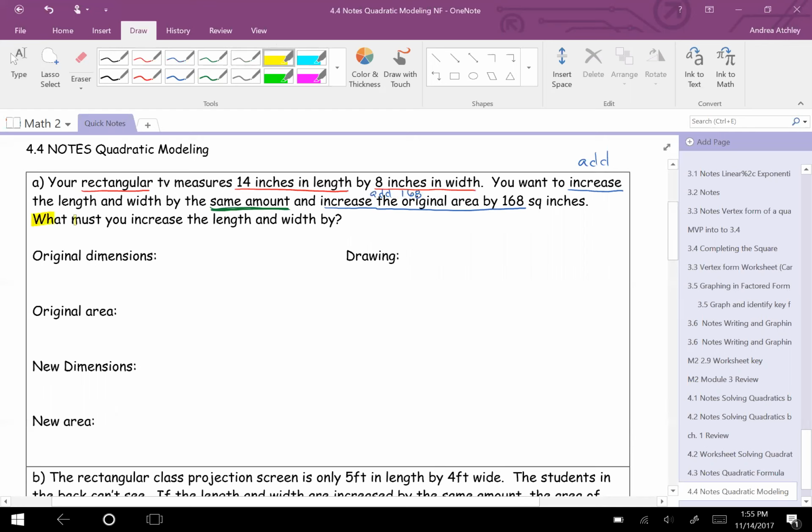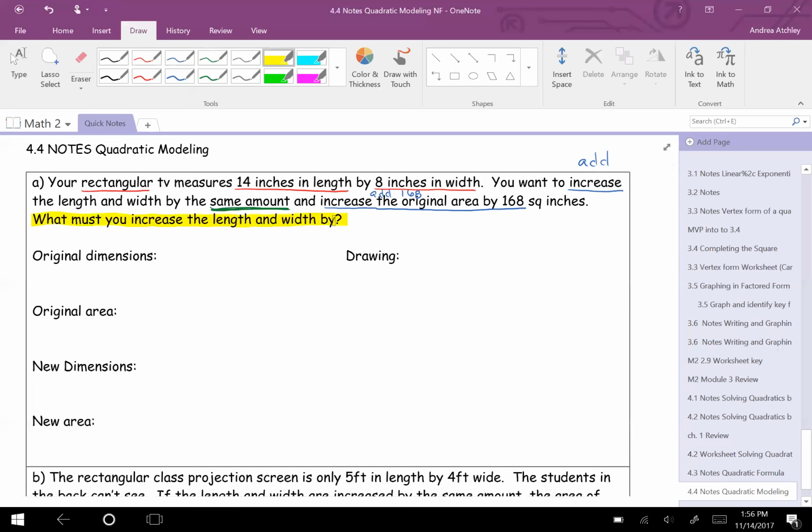I'll highlight: what must you increase the length and width by? You always want to highlight or circle the question, somehow make it so you remember the question. Because a lot of times in math, when you solve a word problem, you'll give me an answer, but it doesn't answer the question I'm asking. You give me some other number that might help me get there, but doesn't actually answer the question.